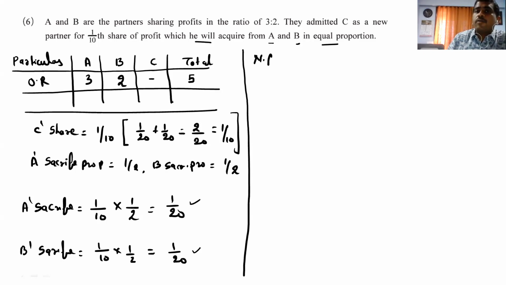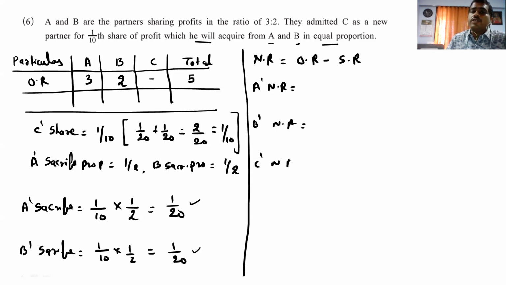So what is the formula for the new ratio? Yes, what is the formula? Old ratio minus sacrifice ratio. So who is the old one? A's new ratio, B's new ratio, C's new ratio.